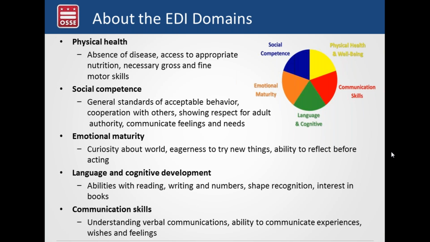It measures social competence, emotional maturity, language and cognitive development, and communication skills. Actually, over 2/3 of the items on the EDI come from the social and emotional domains. So that aspect of assessment is very strong on the EDI.